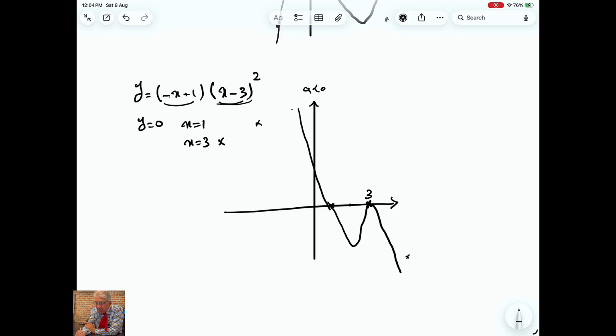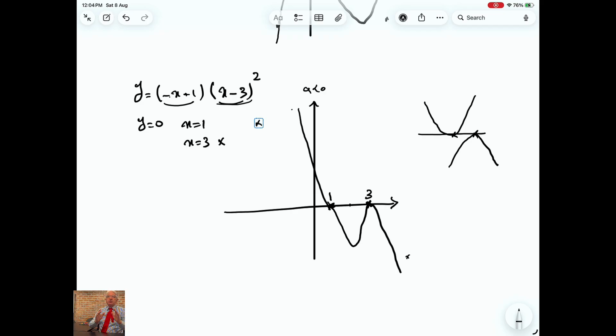So when you are reaching a repeated root, wherever you are, you have to turn back. If this is a repeated root, you are coming and touching the repeated root, you have to go back down. You cannot cross the x-axis. If it is a simple root, same as here, 1, then you can cross the x-axis.